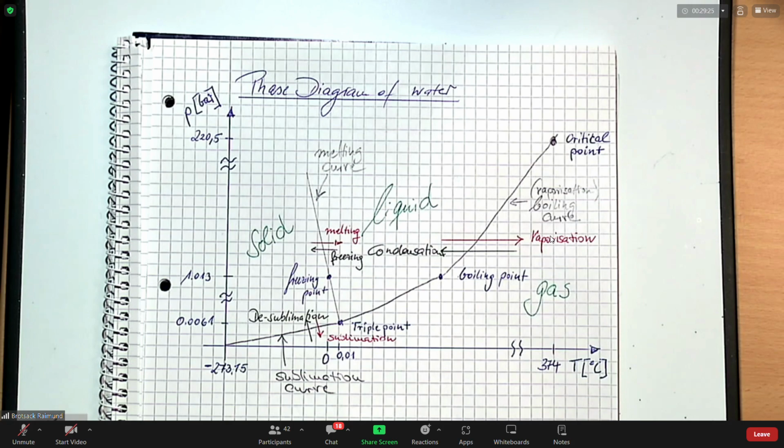It could be a question in the exam to draw it, because water is the most important liquid in life. Of course, in engineering and industry we will have a lot of different liquids and more complicated phase diagrams. We do not talk about them, but water is essential.